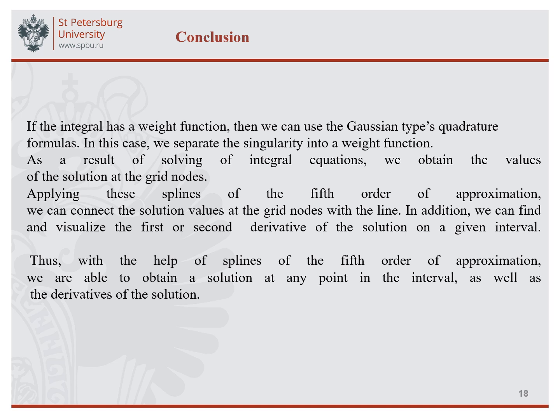And in addition, we can find and visualize the first or second derivative of the solution on a given interval. Thus, with the help of splines of the fifth order approximation, we are able to obtain a solution at any point in the interval as well as the derivatives of the solution.